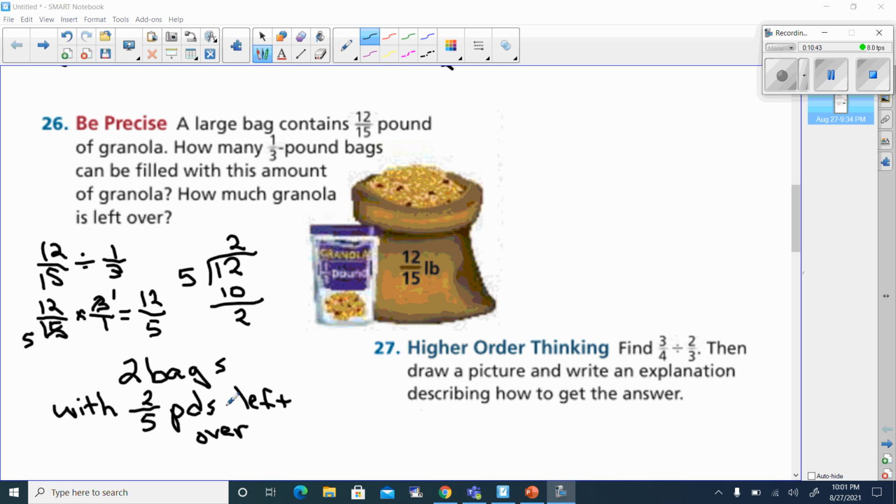And I'm actually going to have to correct this because I realized when we made this calculation, we were trying to find out how many 1/3 pound bags we can make.